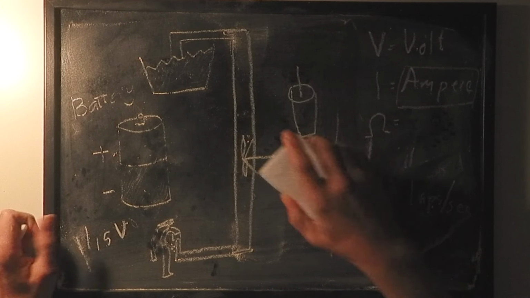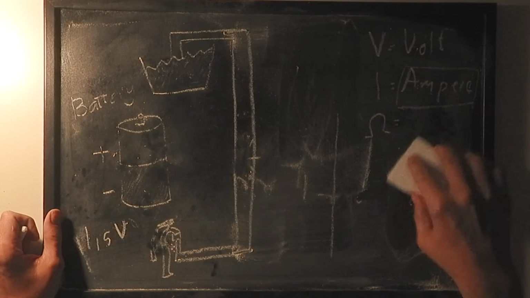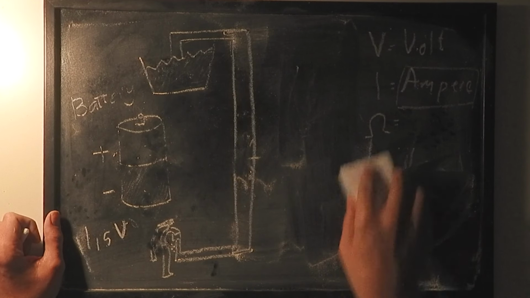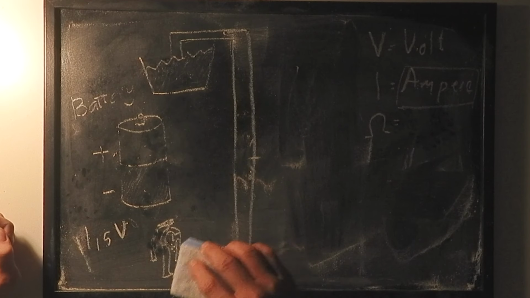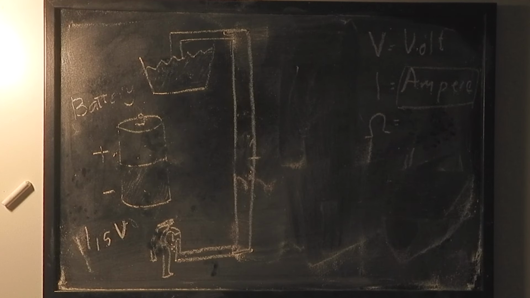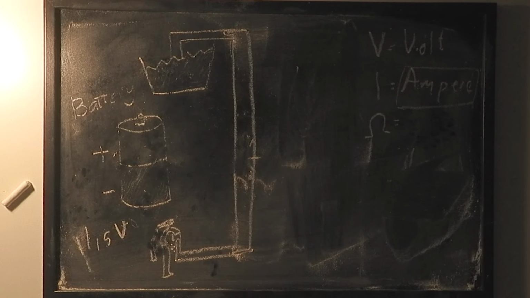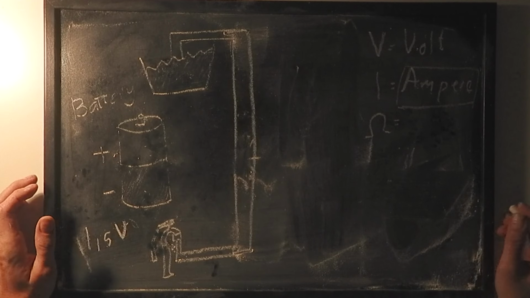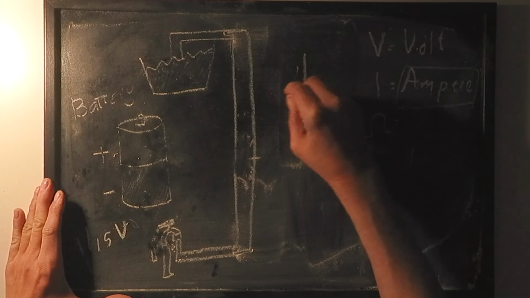We never can do that, actually. So how do we solve this problem? We need to somehow artificially make this longer. And we do that by using one of these small things. It's called a resistor. So a resistor, when we make a sketch for our circuit, looks like something like this.